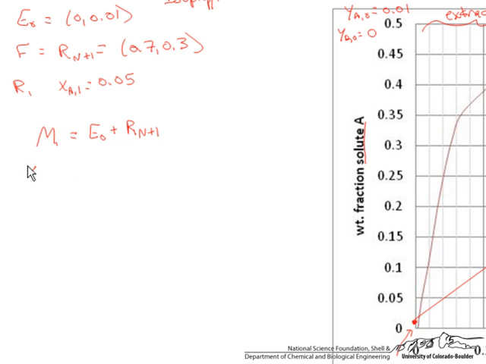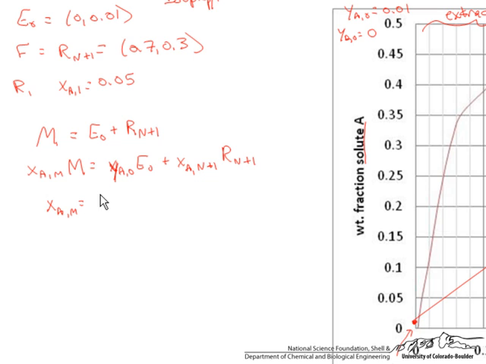We also have X, and we'll do this for the solute. So XA of mixing times M equals YA naught times E naught plus XA n plus 1 times Rn plus 1. Well, let's solve what this XAM is.